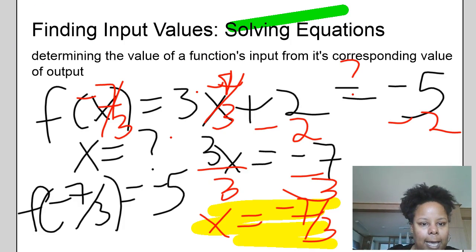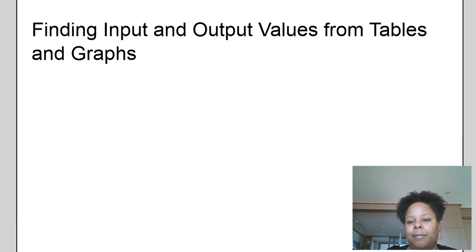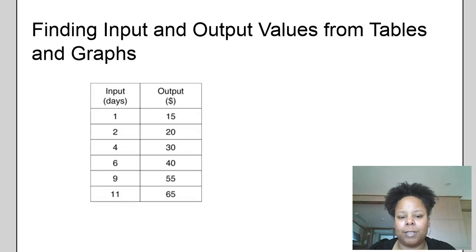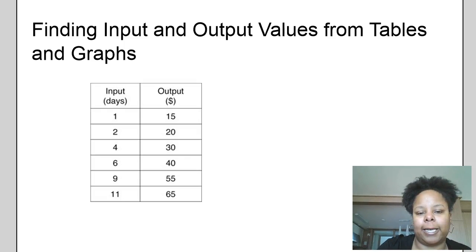So now let's take a look at how we find input and output values from tables and graphs. Instead of using algebra to determine the input and output, how can we find this out from tables and graphs? Here we have a table, and if I want to find the output for a particular input where the data value is already in the table, all I have to do is, if they want to know if the input is 4, what's my output?